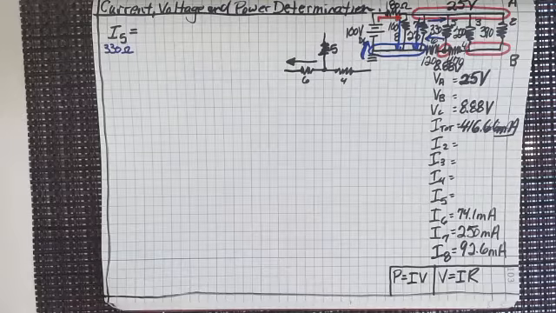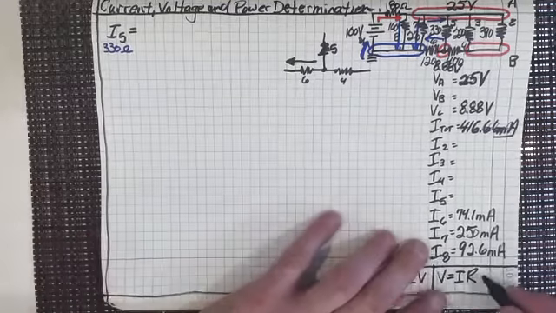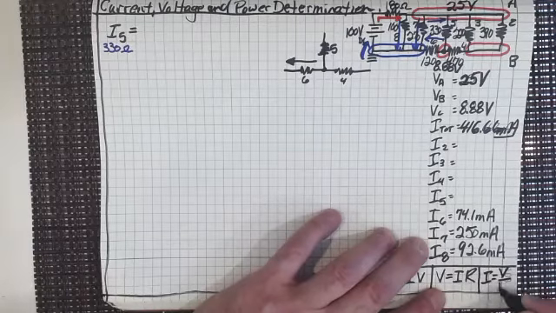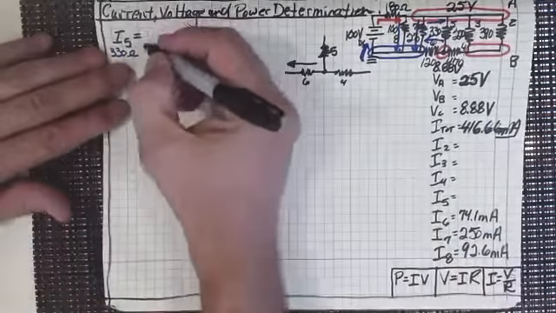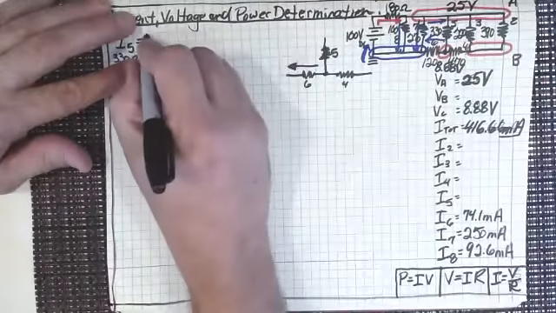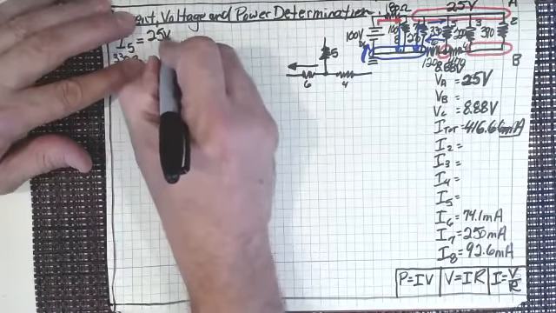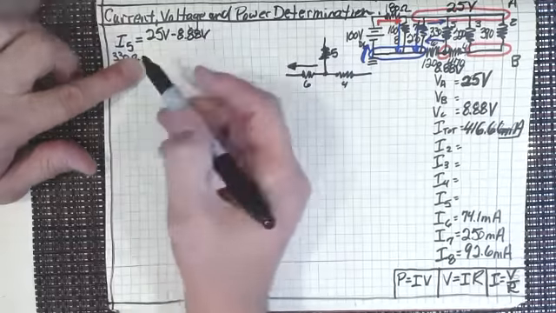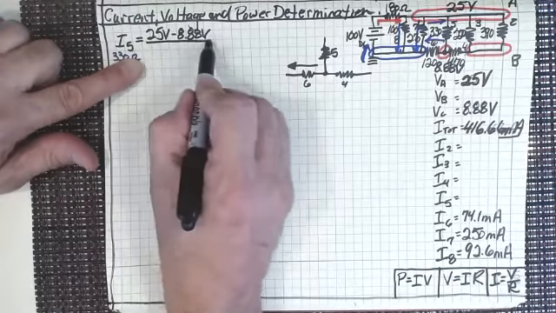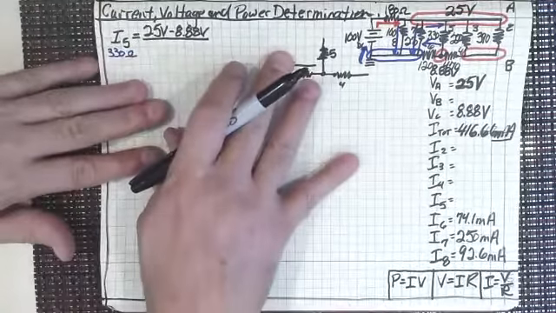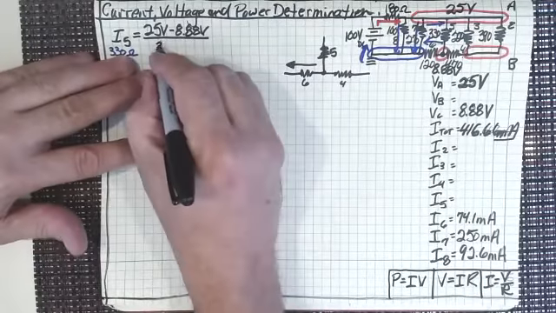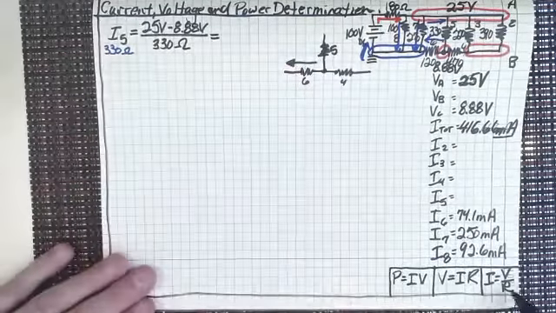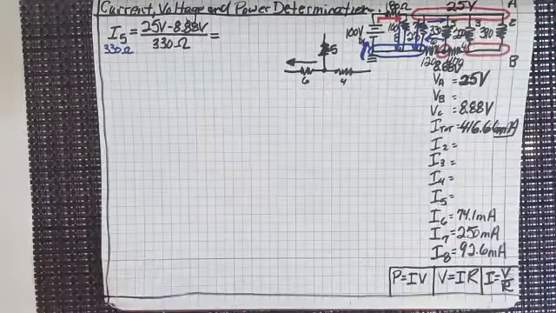What's our voltage differential? V equals IR. Well, let me just put that down next to it. Doesn't I equal V over R? Of course it does. So we've got our voltage differential, which is 25 volts minus 8.88 volts, which, like I say, we already found in the previous lecture. That's our voltage differential across that 330 ohm resistor. I equals V over R. Well, that's what we've got right there.